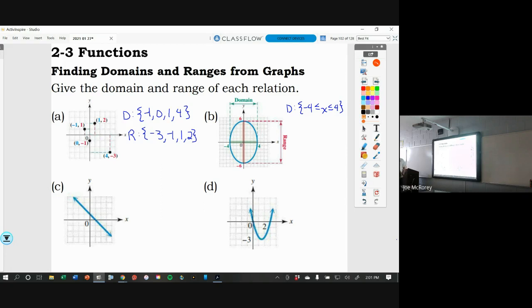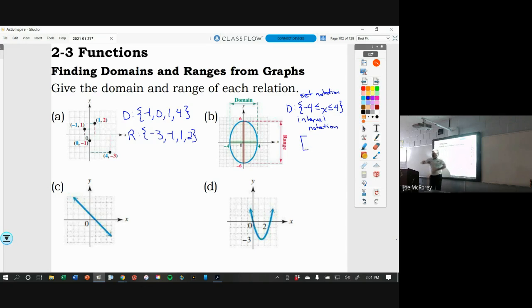Someone said something about interval notation. Okay, we can write this in interval notation. So this is set notation, and we can also do it in interval notation. You have to use a bracket because it's equal to.